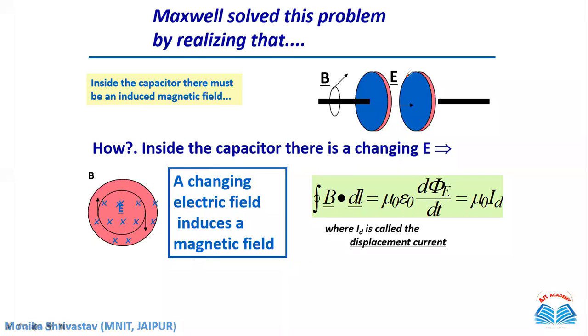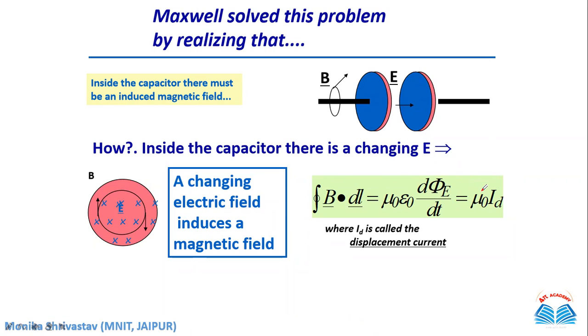That current will be in opposite direction, and using this formula we are getting this type of relation, closed integral B dot dl equals mu naught Id. What is this Id? This Id is the displacement current. Displacement current is the current between this vacuum of these two parallel plates in a capacitor.